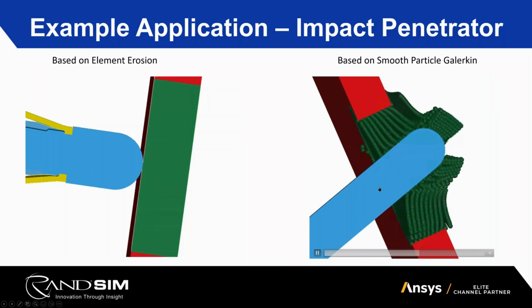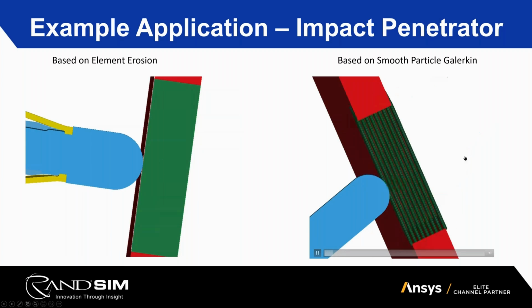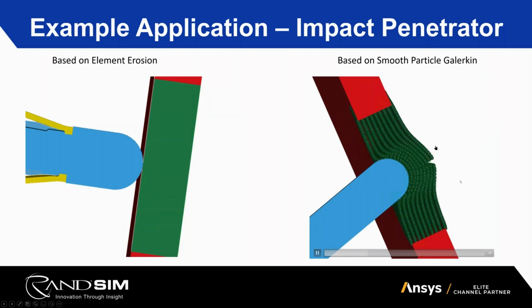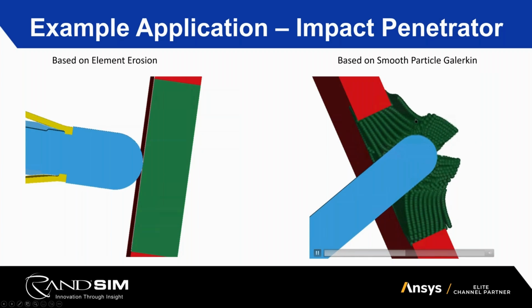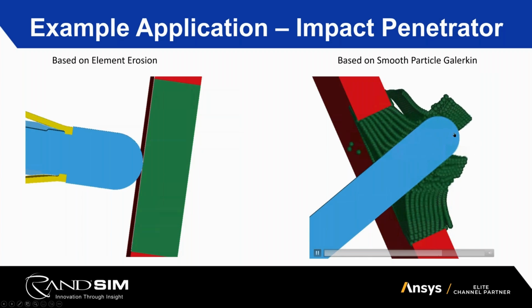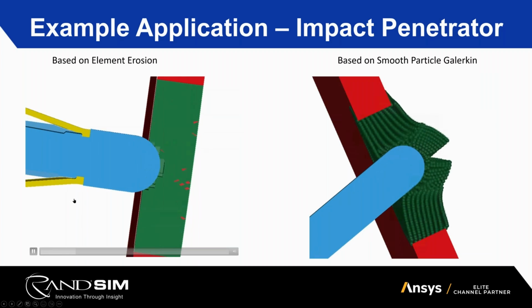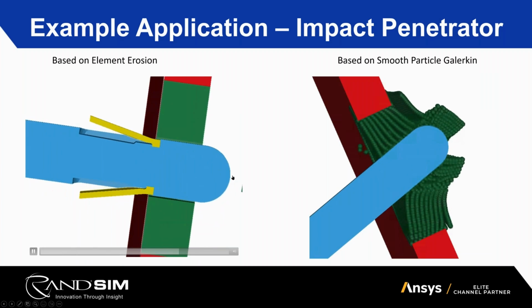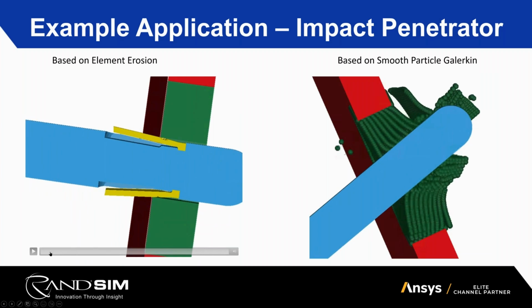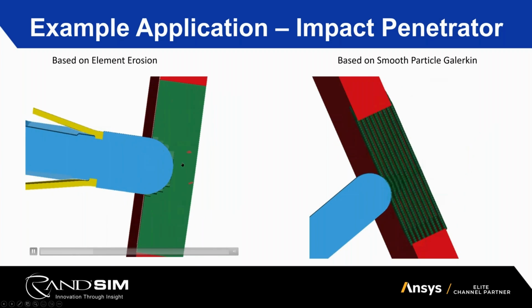You can see as the penetrator goes through the plate, this is a much clearer way of seeing where the deformation and the fracture happen within the plate. You can expect this to happen. But if you don't do it this way, if you just do it with the basic FEA method, you can see the element just erodes, where the element basically just magically goes away.